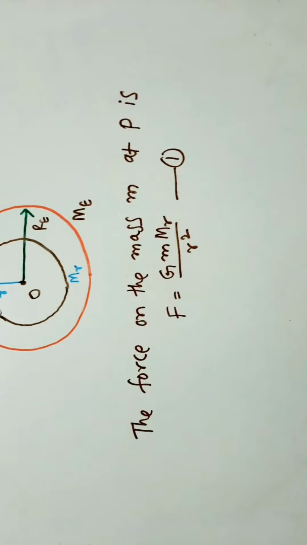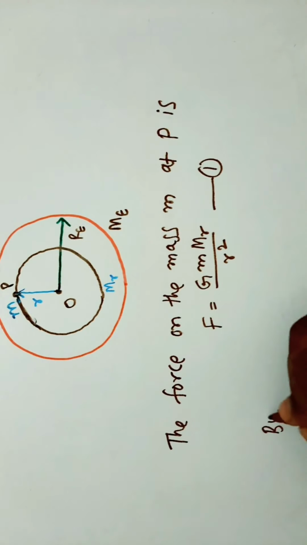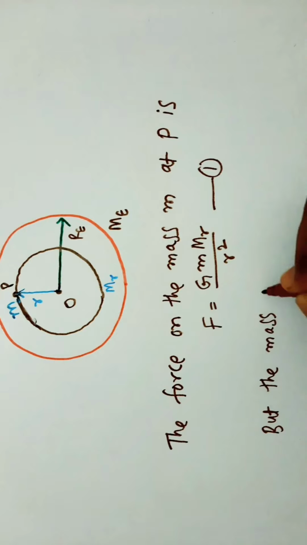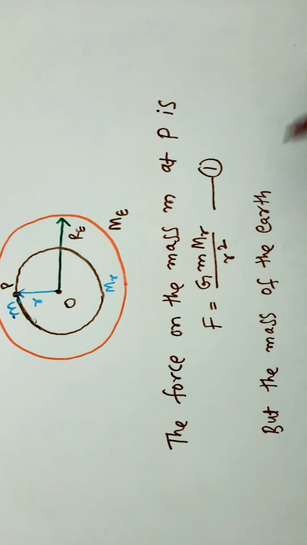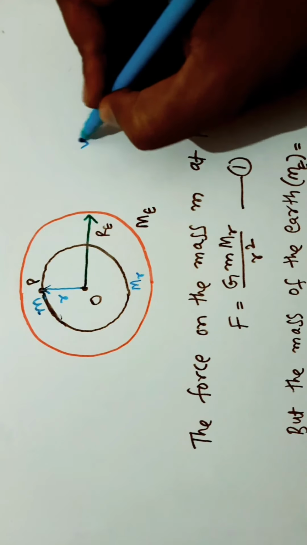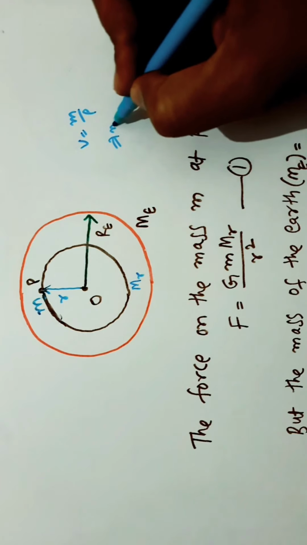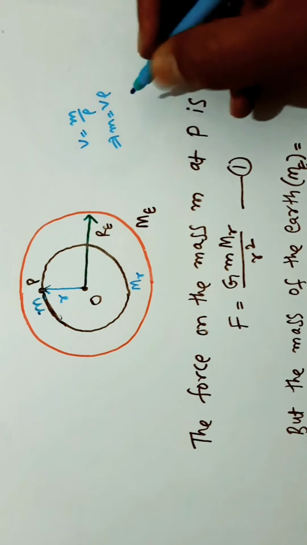Now the mass of the earth. We know volume is equal to mass by density, so mass is equal to volume into density.